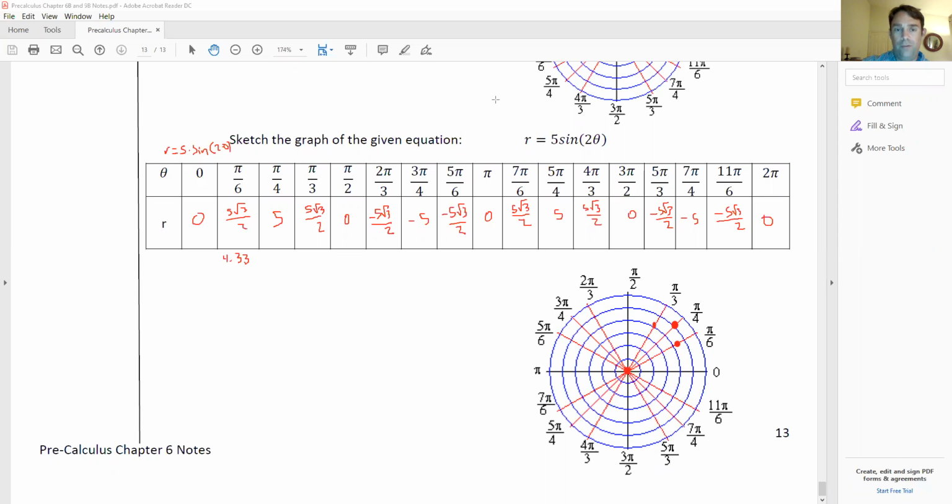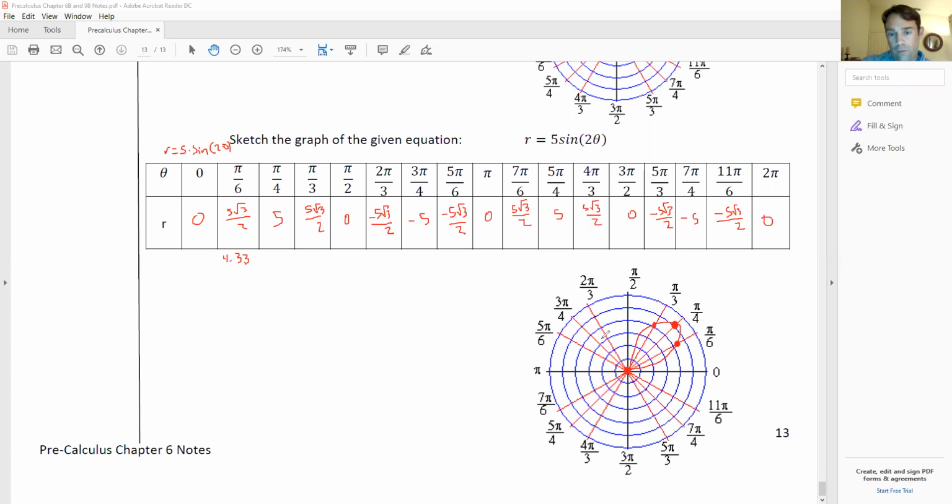And then I come back to 0. So when I graph it, it looks kind of like this. Kind of curve it a little bit. Well, since I'm back at 0, I'm going to change my color so I can see what the next one looks like.